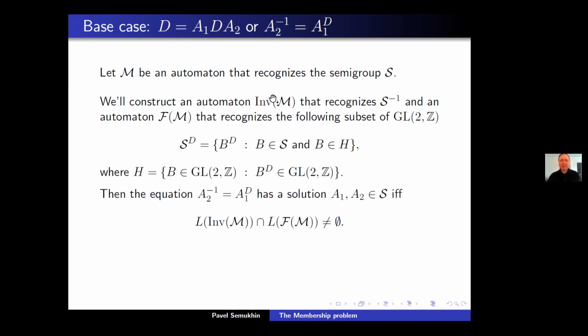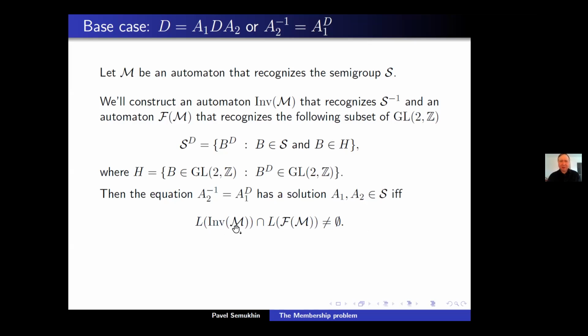And if we have these two automata, inverse of M and F of M, then we can decide whether this equation here, A2 inverse equals A1 conjugated with D, which is, by the way, the same as this equation D equals A1 D times A2. So we can decide whether this equation has a solution A1, A2 from S if and only if the intersection of these two automata for the inverse of M and for the F of M is non-empty.